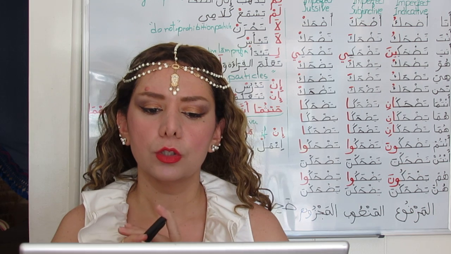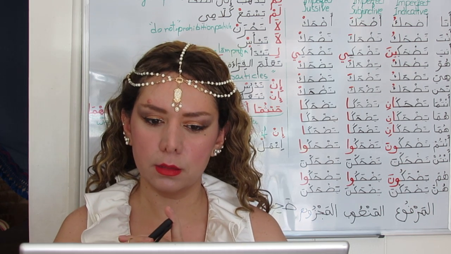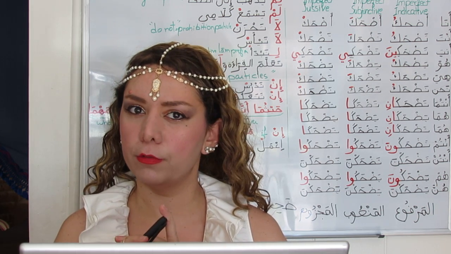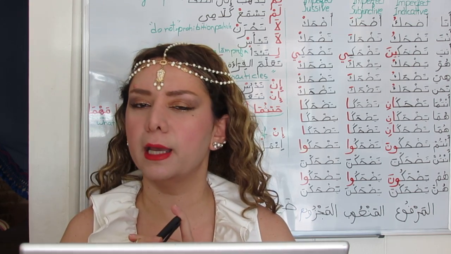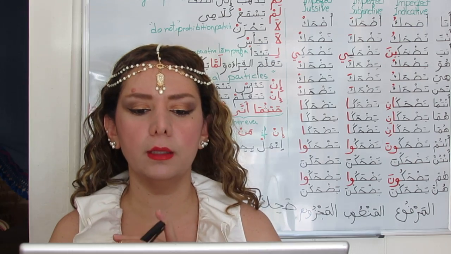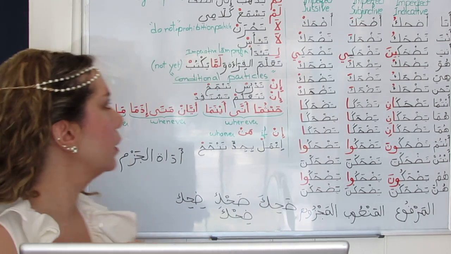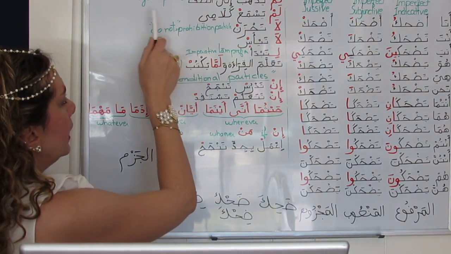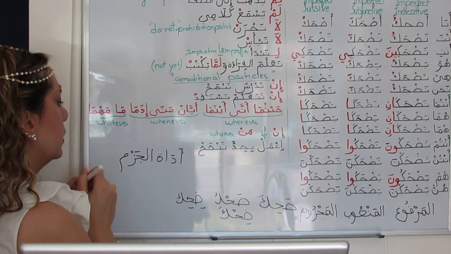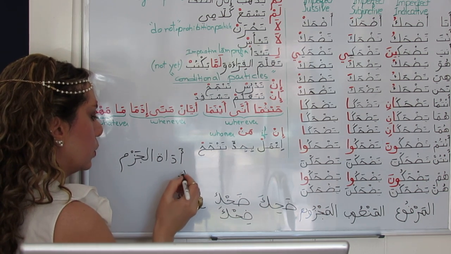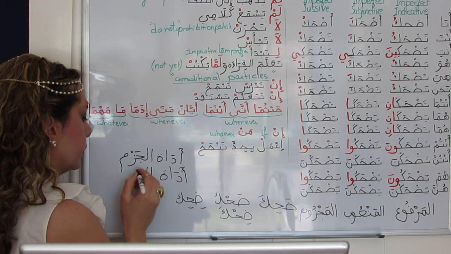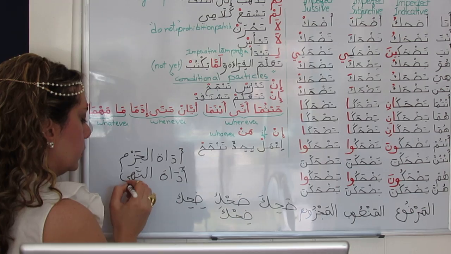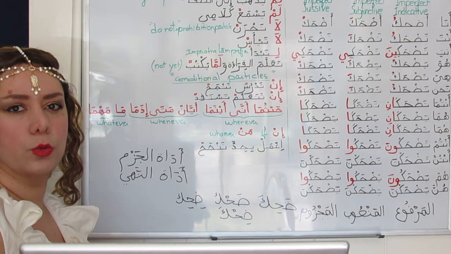It's used to negate the past tense, however, it's used only with imperfective verbs and can never be used with perfective verbs. So لم, negative particle, أداة or حرف النفي. Many fancy words, you don't need to memorize them.